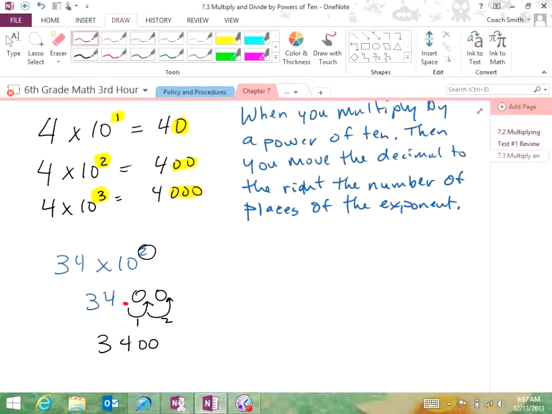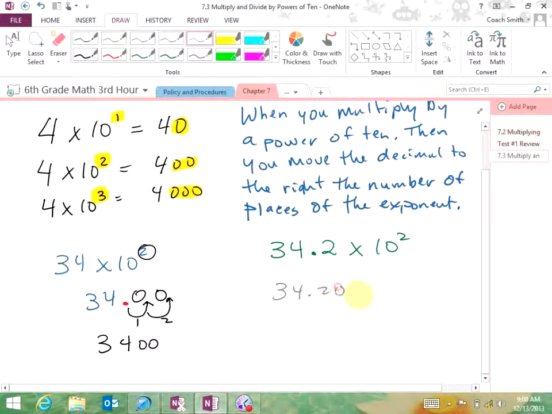Well, the problem you have is this. Let's say I have 34.2 times 10 to the second power. Well, if I just add 2 zeros to 34.2, did I change the number? No, that's the same number, regardless if I have 2 zeros or I don't have 2 zeros.